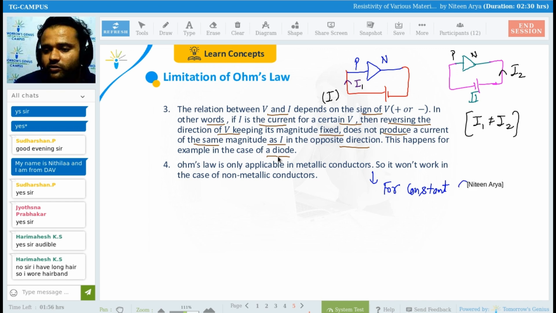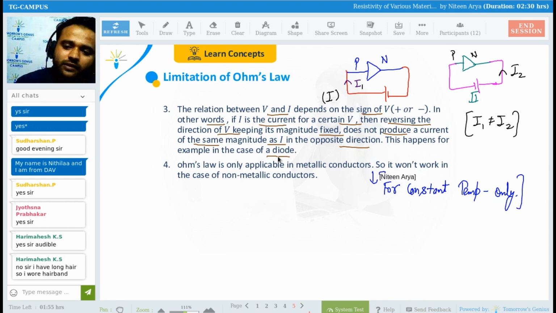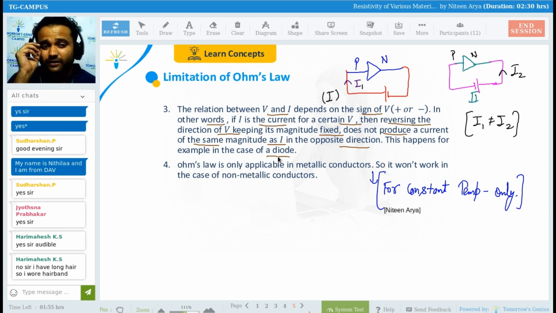Why should I write this for constant temperature only? Because you are going to see that with the change in temperature, there is a change in resistance, as well as a change in resistivity. So when resistance changes with temperature, like when you change the temperature of a room or your surroundings, the resistance is going to change.